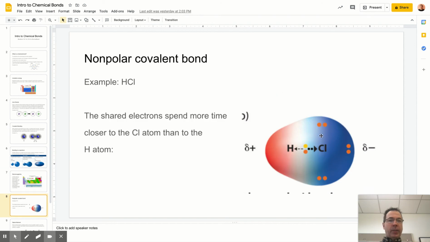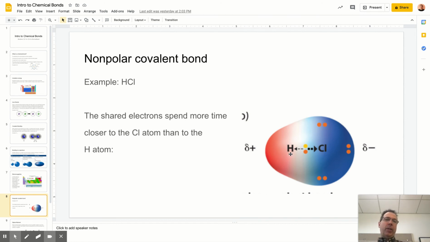And so the chlorine is going to take the shared electron pair, and it will be spending more of its time closer to the chlorine. So the chlorine overall has more electrons than protons, not by a whole electron, but the overall negative exceeds the overall positive on the right-hand side of this picture, so we get a delta minus over here.